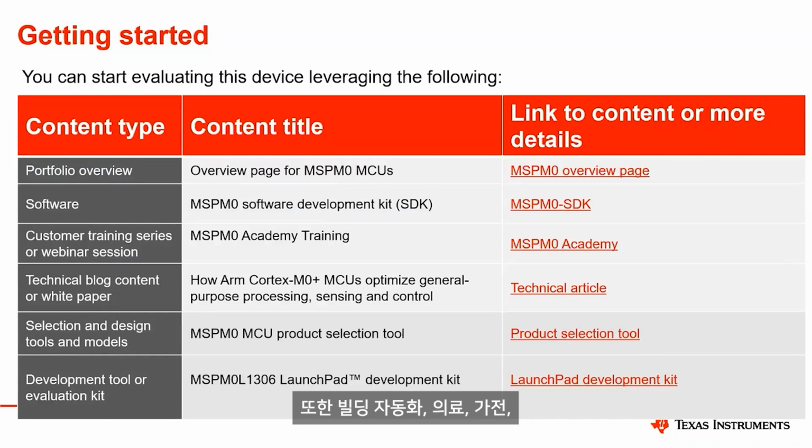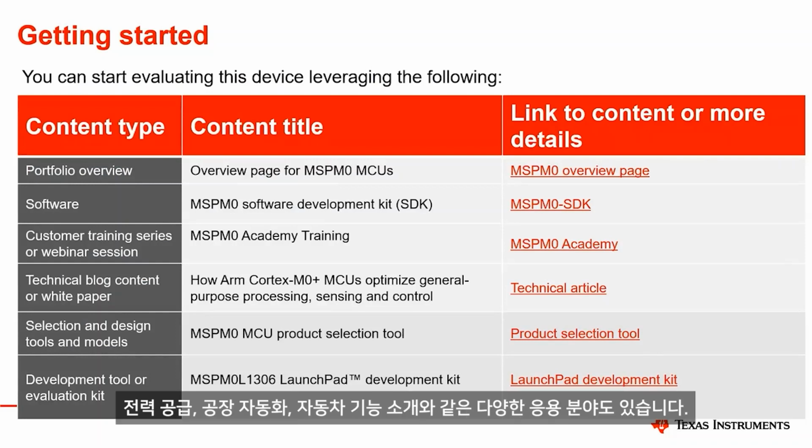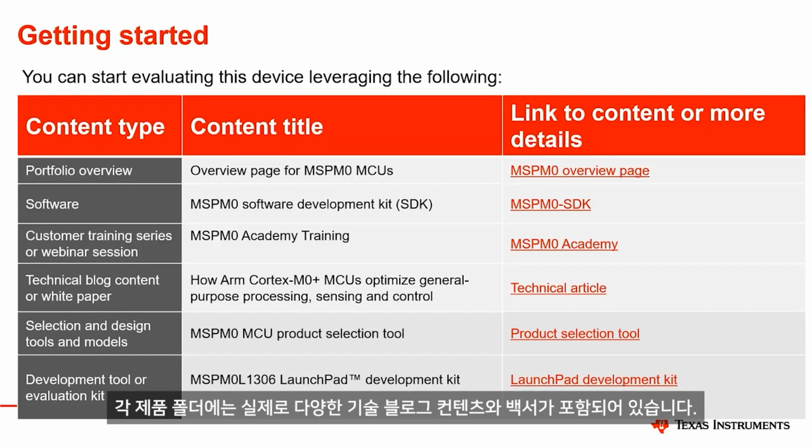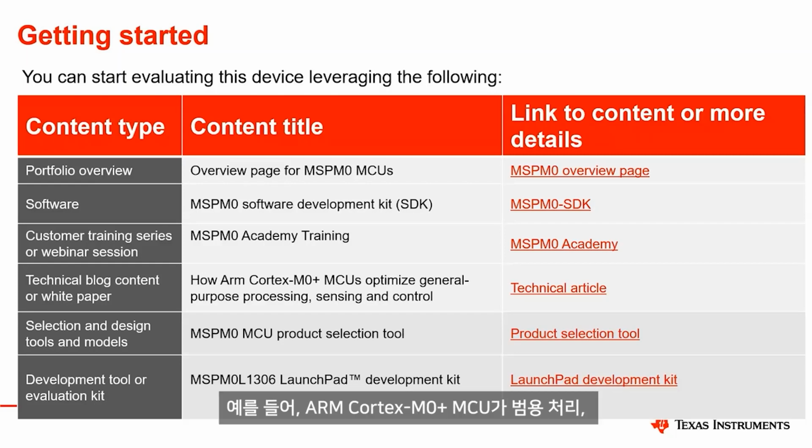There are also different application sections such as building automation, medical, appliances, power delivery, factory automation, and an introduction to automotive functions as well. And each product folder has many different technical blog contents and white papers, such as how Arm Cortex-M0+ MCUs are optimized in general purpose processing, sensing, and control.